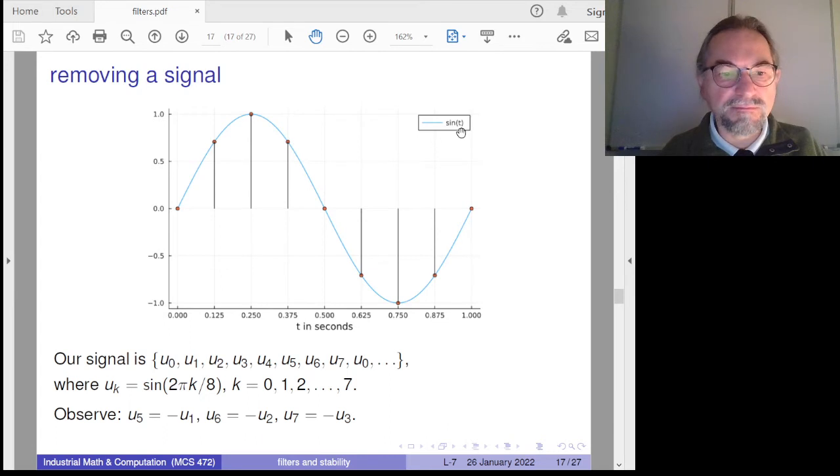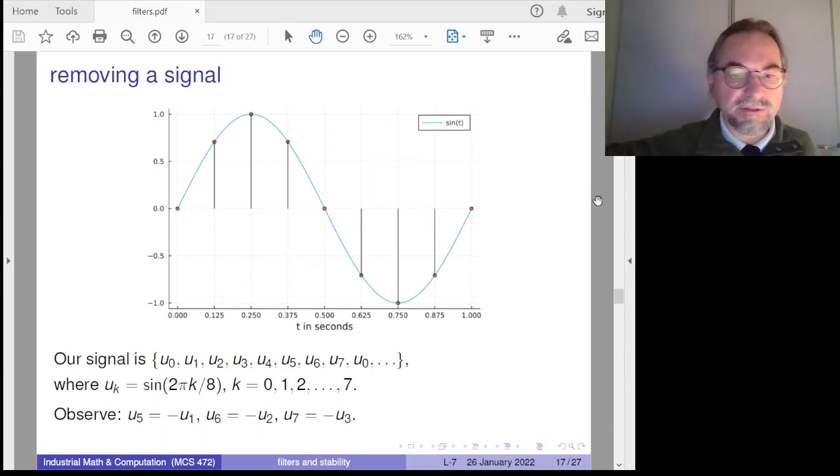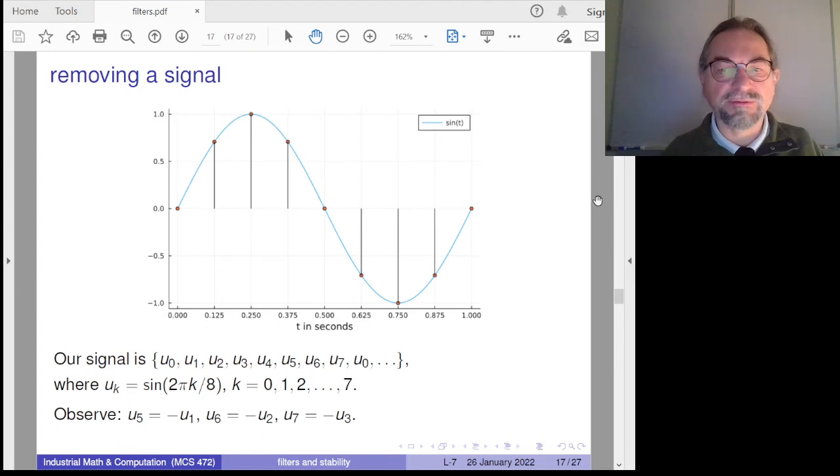Well, observe that it's a periodic signal, and if we look at the delay here a little bit, the signal repeats itself, so that's why I'm only writing the first 9, so the u0 and then the u1 goes on again. But observe that there are also the zeros there. We don't really need to do anything to remove those. But then we have the nice symmetry of a sine function.